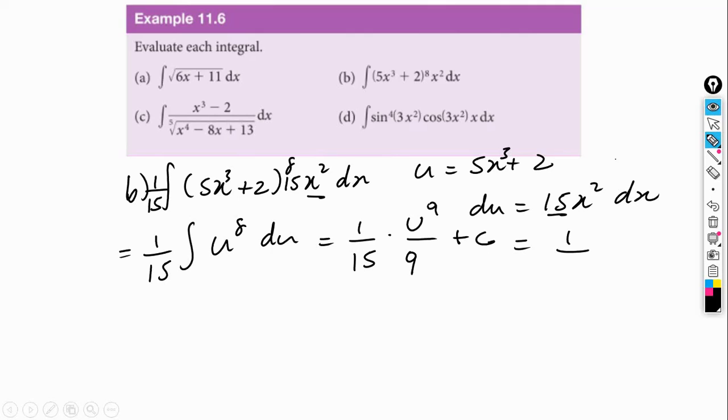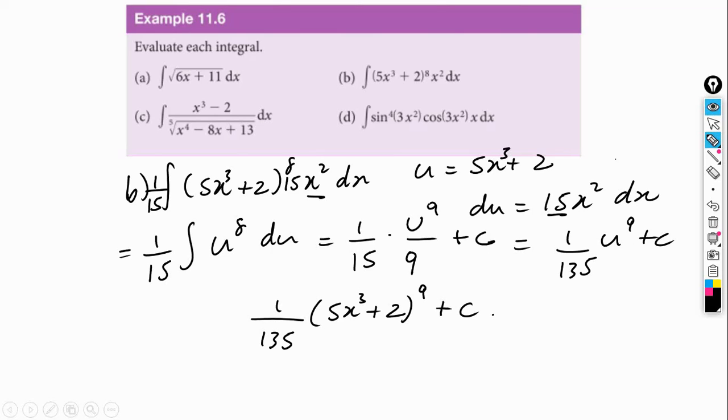So 1/135 u to the 9 plus c, and then substitute back for u. So it's going to be 1/135, and we said that u is 5x cubed plus 2. Don't forget the exponent to the power of 9 plus a constant c.